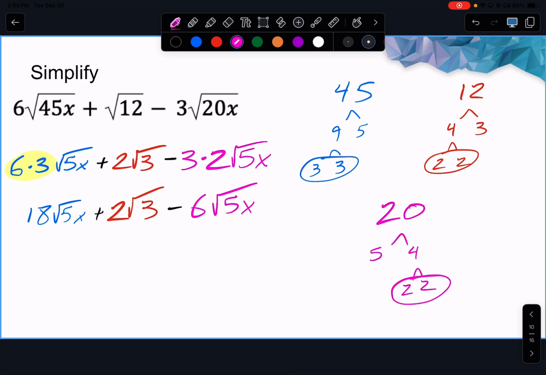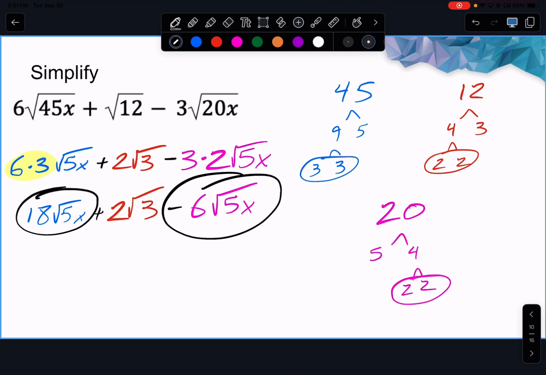Now looking at those three, are there any terms that we can combine that have the same radicand and the same index? The blue and the pink, right? Okay, this one and this one. Now notice when I circled the pink one, I also circled the sign with it. I need to know that that's a negative 6. 18 minus 6 gives me 12, right?